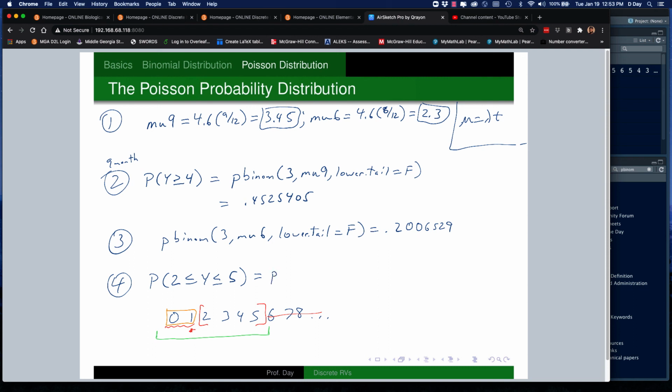So in R, how we do that is we start out with the big area first. P-pois, and I keep writing binom up here. Let me correct that real quick. Hopefully y'all caught me doing that. I caught myself doing it.